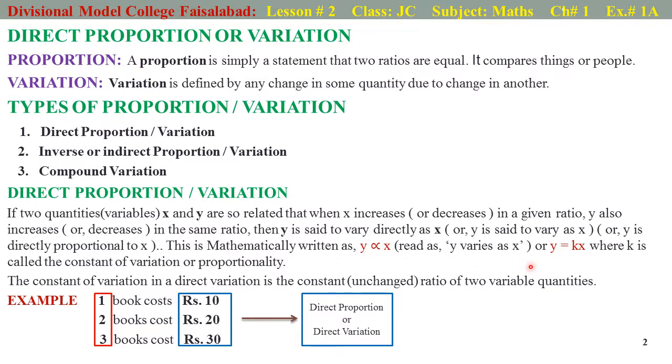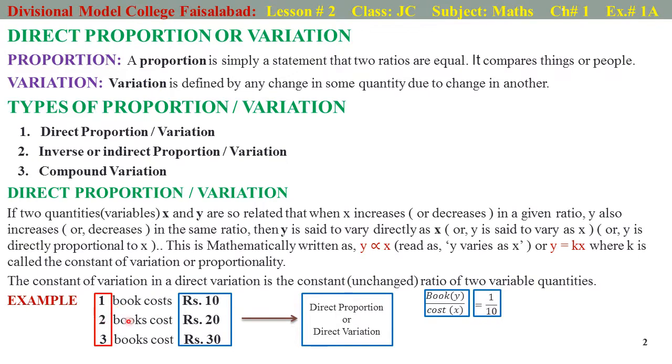Now how do we say that in direct proportion y is equal to kx? Let's write the ratio between these two quantities, books and cost. If we represent number of books by a letter y and cost by x, then their ratio will be equal to, in the first case when number of books is 1, its cost is 10, then 1 over 10.